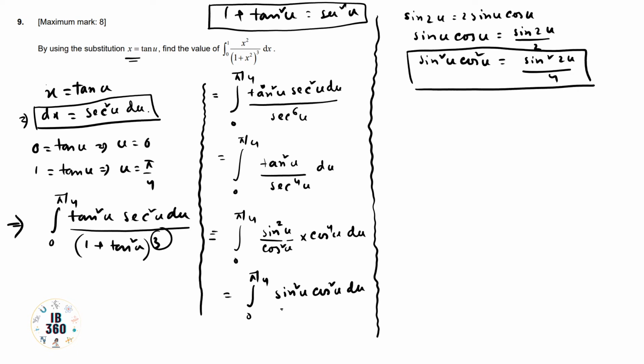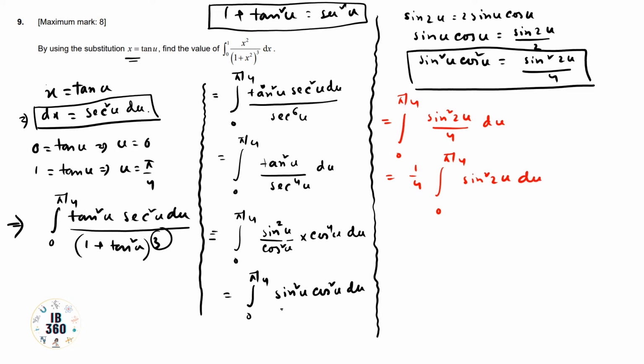So now the integration becomes the integral from 0 to pi by 4 of sin square 2u by 4 du. This is the constant term. So 1 by 4 integration 0 to pi by 4 sine square 2u du.